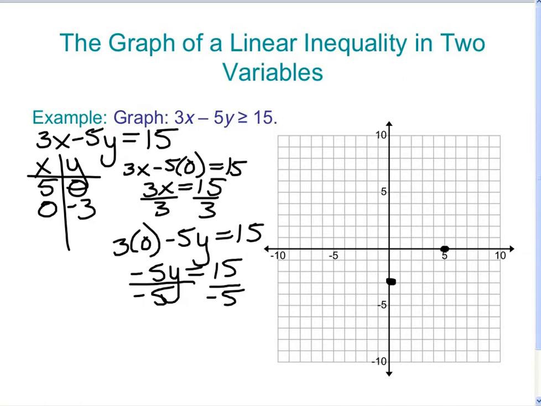Now, at this point, you're going to check to see whether you need a dotted line or a solid line. So you go back to your inequality right here. Let me highlight that so we can see it a little bit better. Okay.